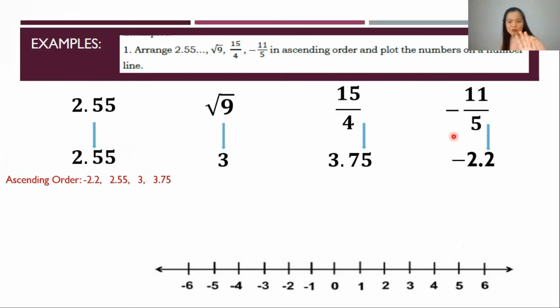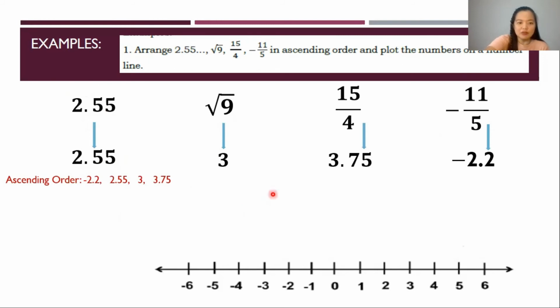So you have the smallest value is negative 2.2, then followed by 2.55, then followed by 3, and 3.75. But hindi ito yung ilalagay natin. Pero yung given, itong mga given yung ilalagay natin.